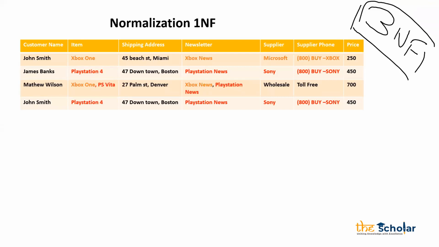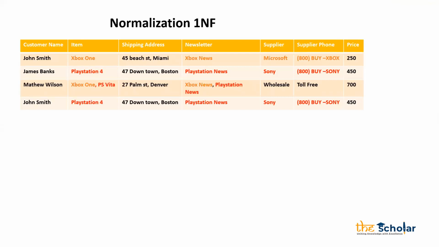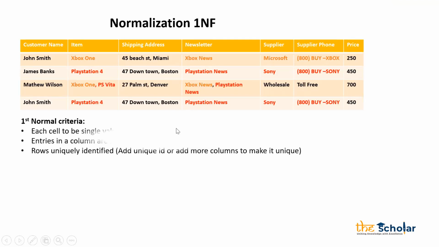So now if you see here, I want to convert this particular table to first normal form. Now the question arises, what is the criteria of first normal form? Like how will I make sure that my table is at the first normal form? The first is each cell should be single valued, right?